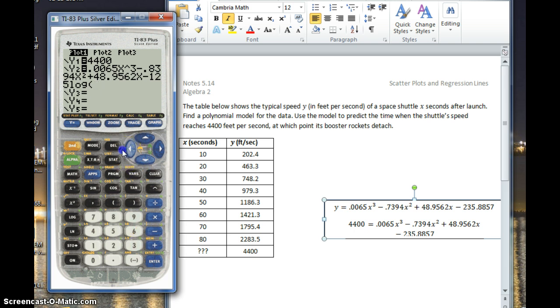Let's go back and minus 235.8857. Okay, now what you're going to see, now I left the dots up there, that's still darkened in.